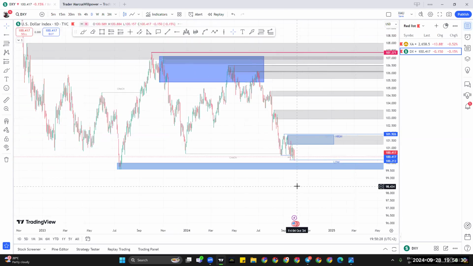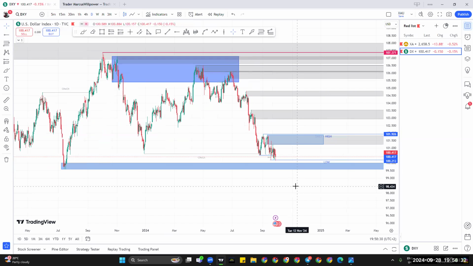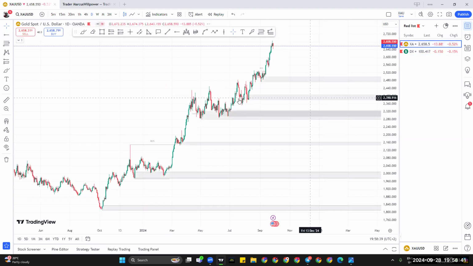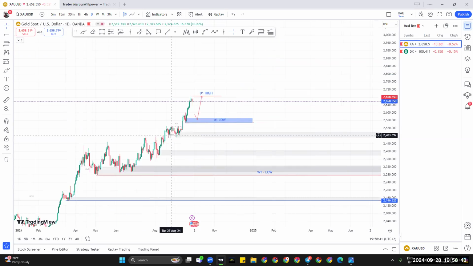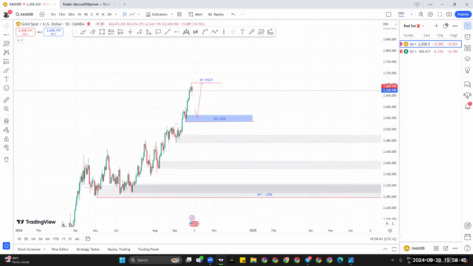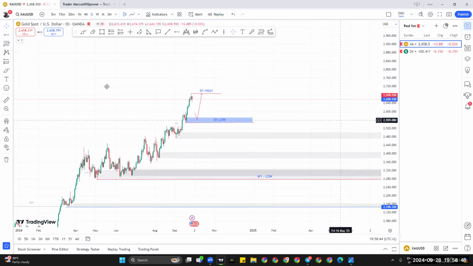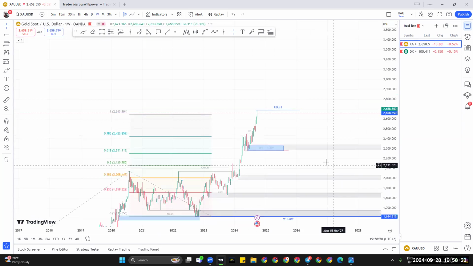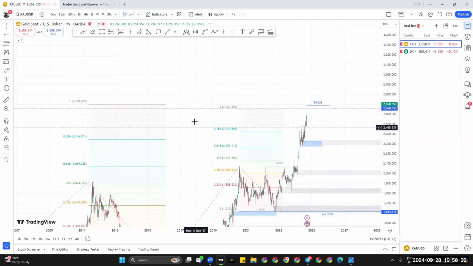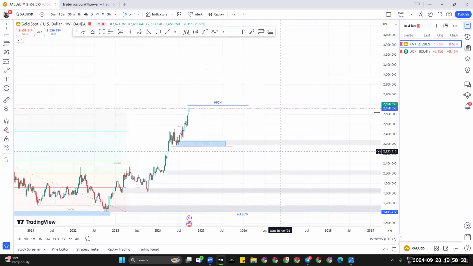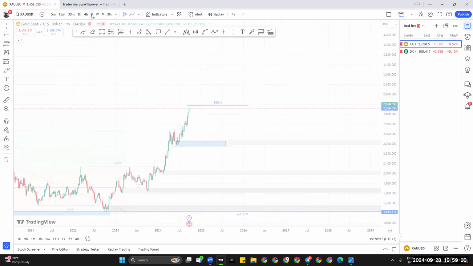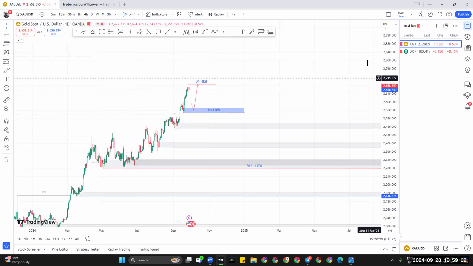So from what I'm seeing, the DXY is currently bearish, breaking structures, breaking structures. So I am confident that gold may continue bullish, even though we have reached our fib extension levels. Let me just show that. We have reached our fib extension levels. So we just have to see what the market gives us and we can trade off that.